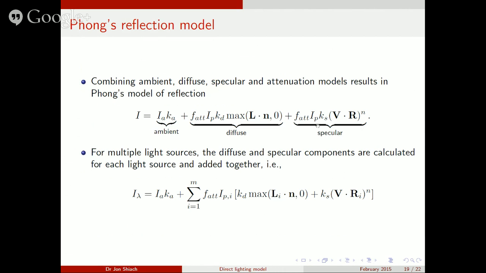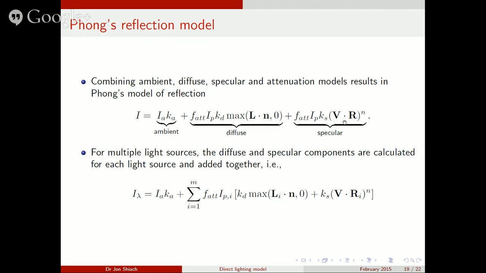Added to that, your specular, which uses attenuation, the same point light source as the diffuse model, a coefficient for the specular, again, that goes between 0 and 1, and V dot R to the power n, okay, that's an approximation, or that's your cosine of alpha to the power n.